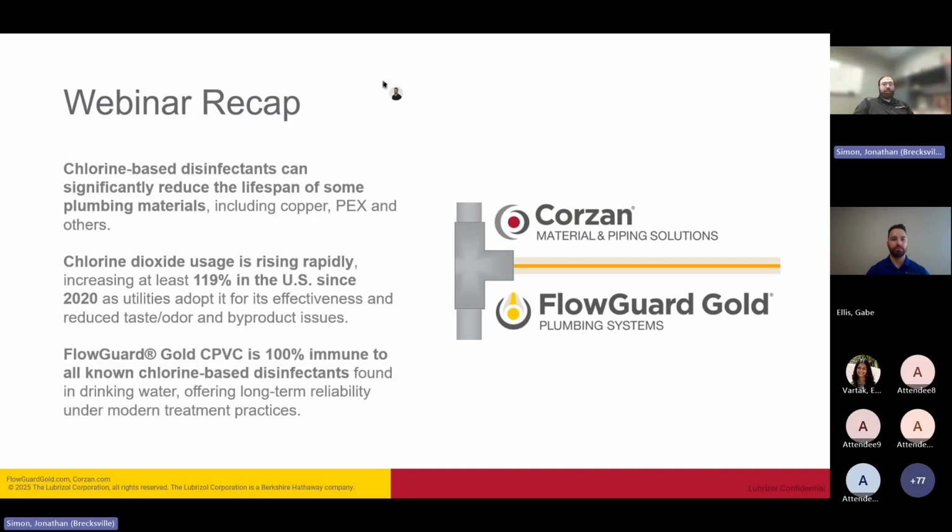So from a design standpoint, it's actually favorable to go with smaller diameters with FlowGuard Gold, whereas with the PEX system, both because of the velocity and the concerns over chlorine degradation and the pressure loss due to the insert fittings, you often need to upsize those PEX systems, which can add cost and increase the wait time for hot water and things like that.